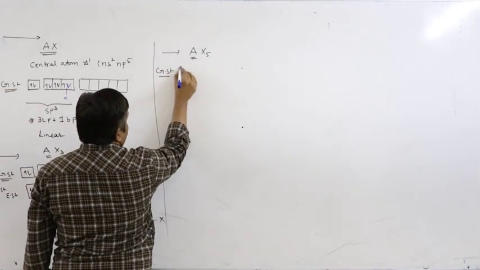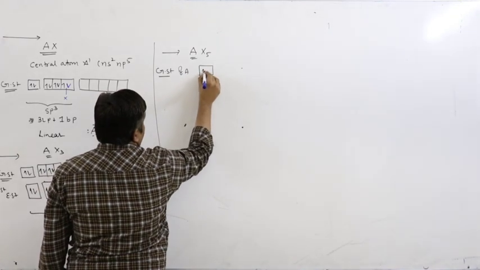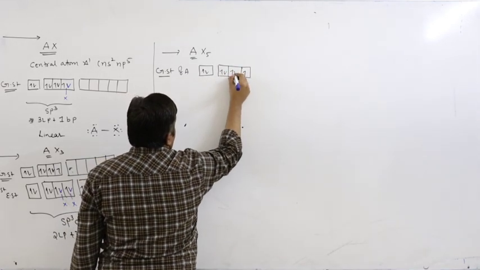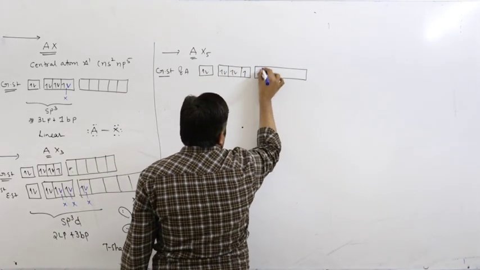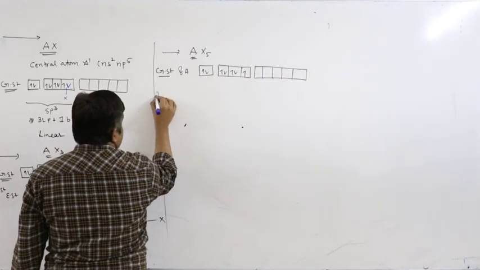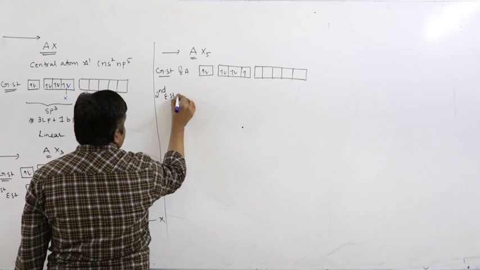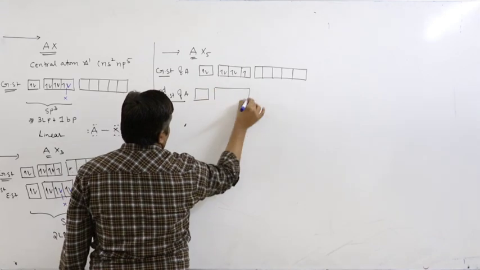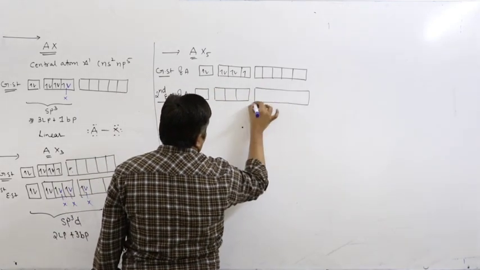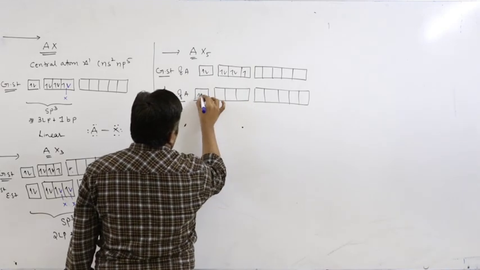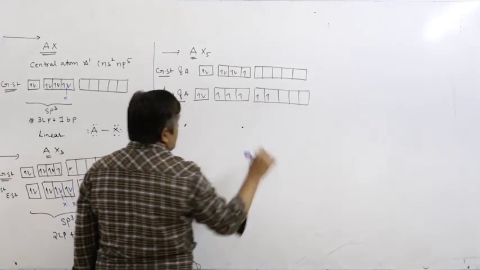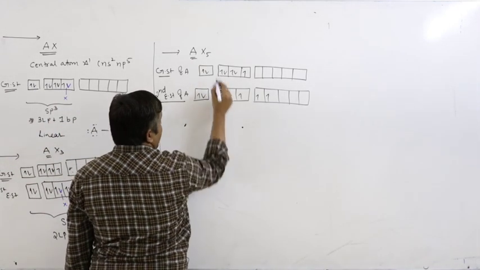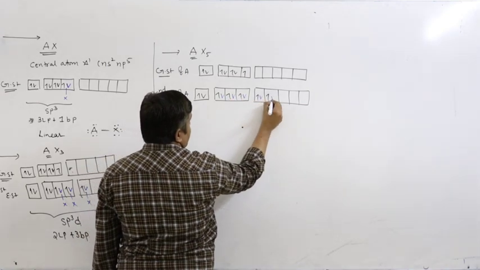So ground state of A, and directly I am writing the second excited state of A. In the second excited state there are 5 unpaired electrons. So 5 halogens: first, second, third, fourth, fifth.